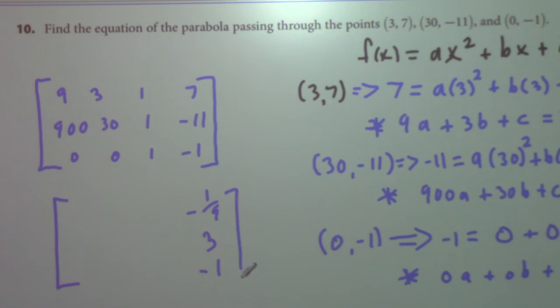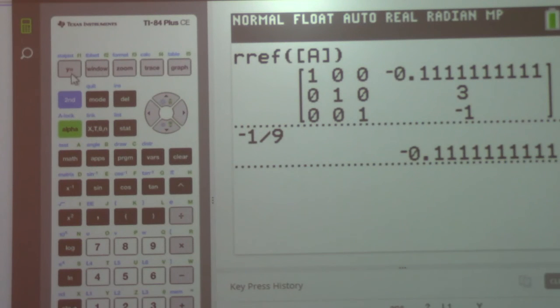And so what we have here is the equation f of x equals negative 1/9 x squared plus 3x minus 1. So this is going to be our equation, our function that handles everything. And the last thing you can do is test this in your calculator.